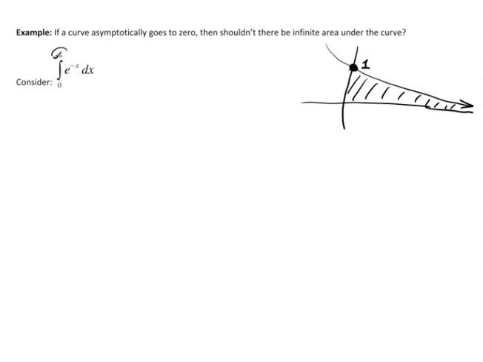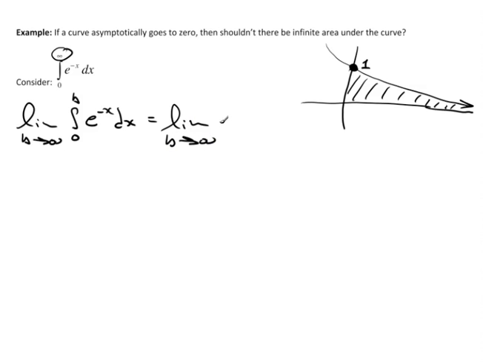I have this improper integral because I have that infinite bound. So I need to take a look at the limit as b goes to infinity of the integral from 0 to b of e to the negative x dx, which equals the limit as b goes to infinity of a negative e to the negative x evaluated from 0 to b.